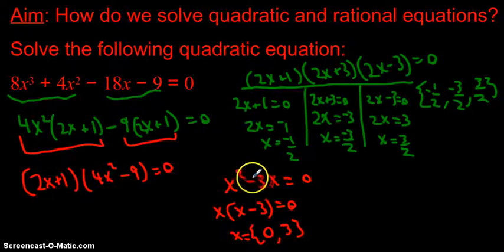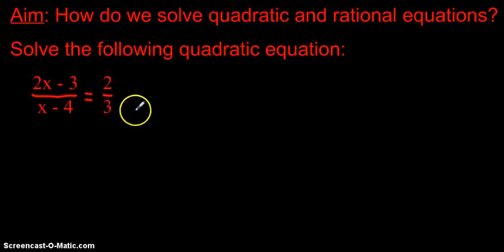Let's look at a fourth example, which actually is a rational equation because it has fractions. This came out of the New York State Algebra Regents. Currently, we don't have the same denominator, so let's make that happen. We're going to multiply the denominators by each other, so we'll have the same denominators.